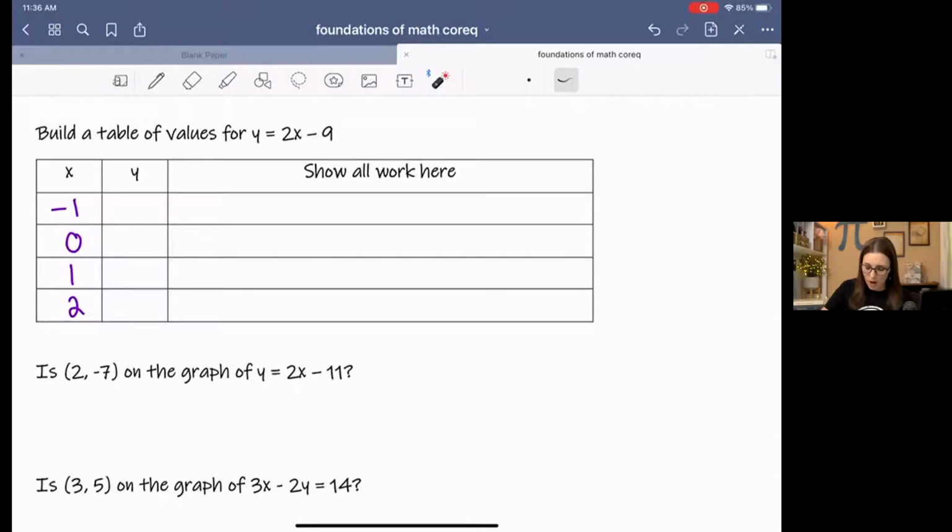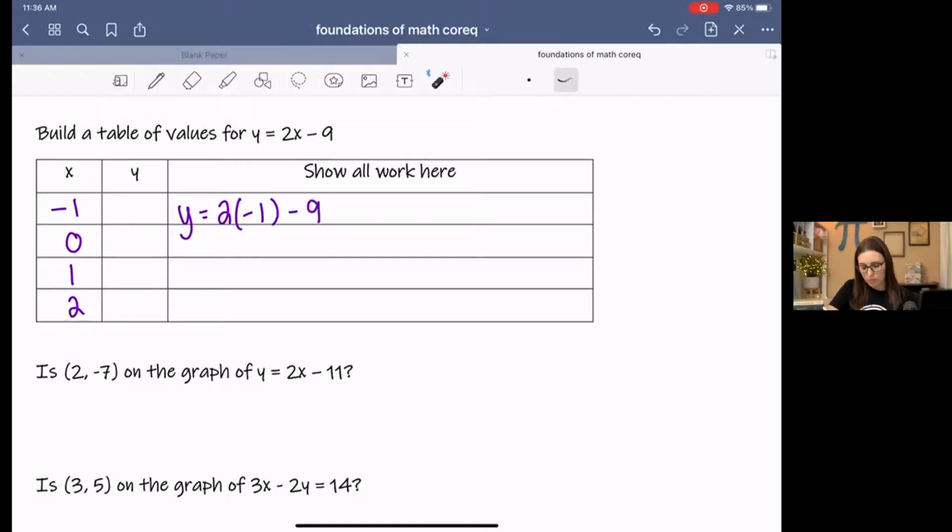And y is going to depend on these values. So all I know about y at this point is that y equals 2x minus 9.